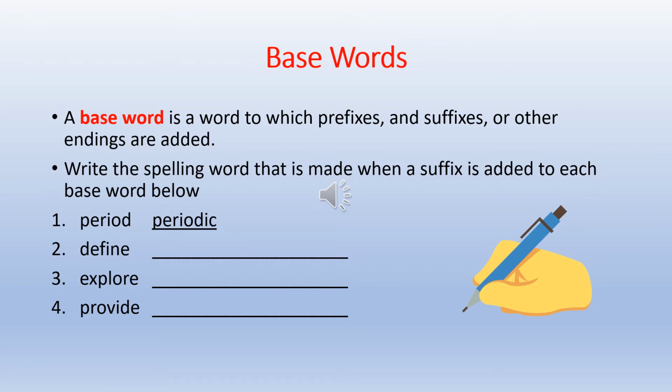Now remember, all these words are included in the 20 words that we have at the beginning of the lesson, which are called the spelling words. So the spelling words have to be the answers for 1 through 4. Okay, let's go to the next page.